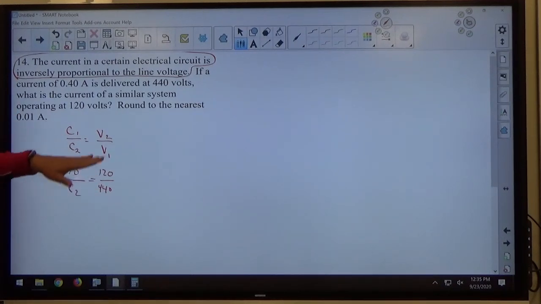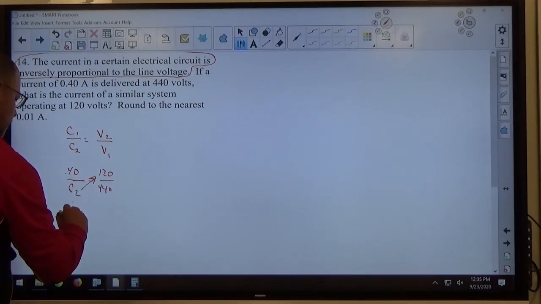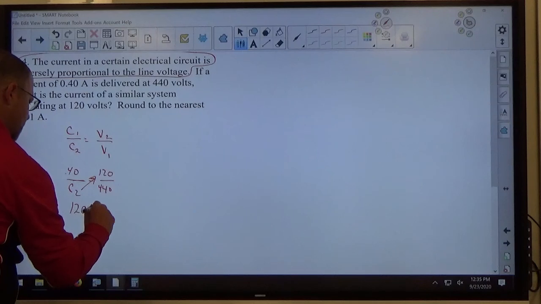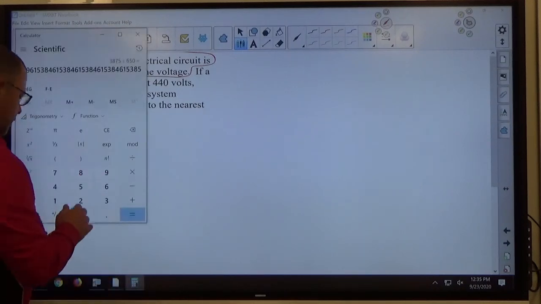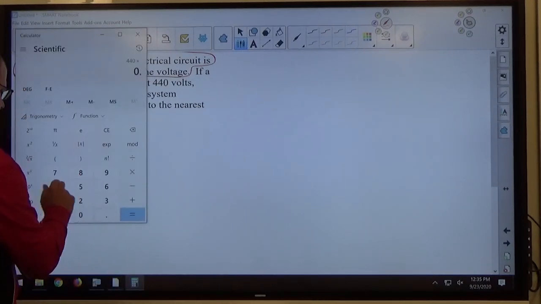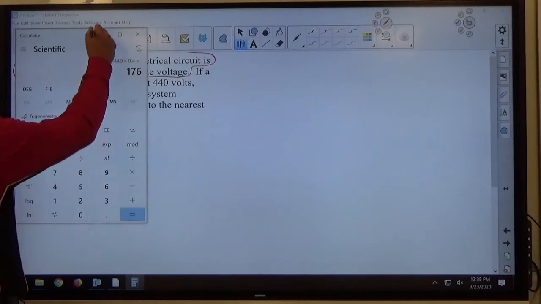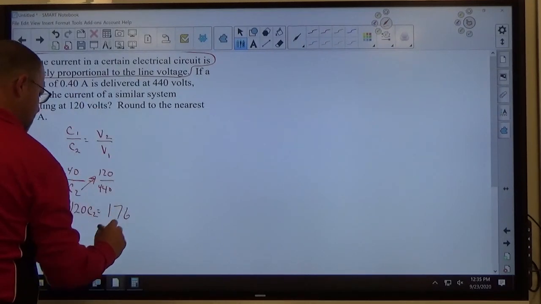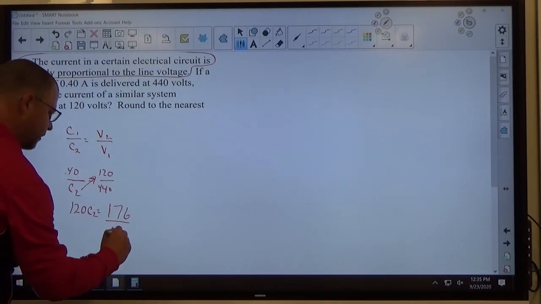So, first current, first voltage, second current, we don't know second voltage. So again, it's inversely related. Cross multiply C2 times 120 equals 440 times 0.40, which is 176. We divide both sides by 120.